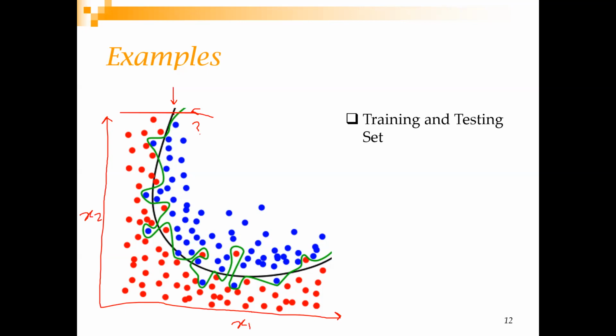But the problem with the green one is that it follows the data very blindly. You see that, and if I have some blue point over here, or maybe some red point over here, where should I keep it?